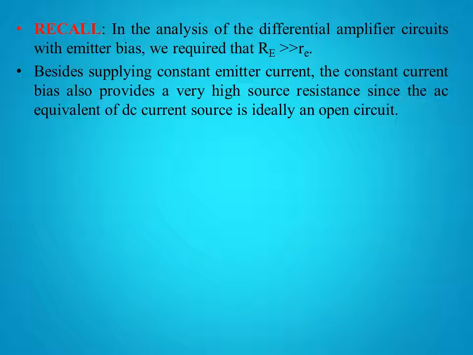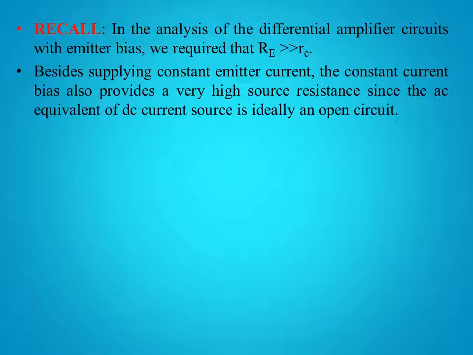So the condition we were imposing for calculation, that RE should be very much greater than small re, is fulfilled in this case also. Here also the Q3 circuit has very high resistance compared to small re. Why am I telling you this?